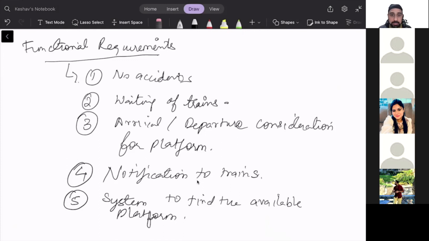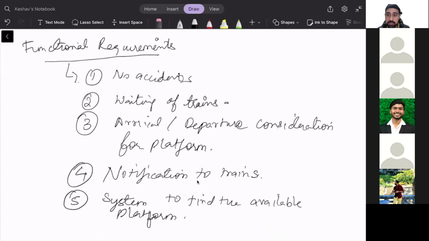A system to redirect the particular trains to those particular platforms. You would have a single track or two tracks, but you'd have multiple platforms. So you have to redirect the trains. What I understood is that you have to redirect or find the available platform for that particular train. But there is a missing requirement in this. It's still not complete.